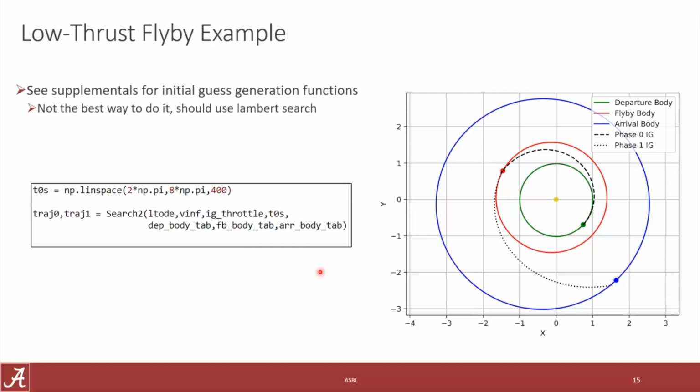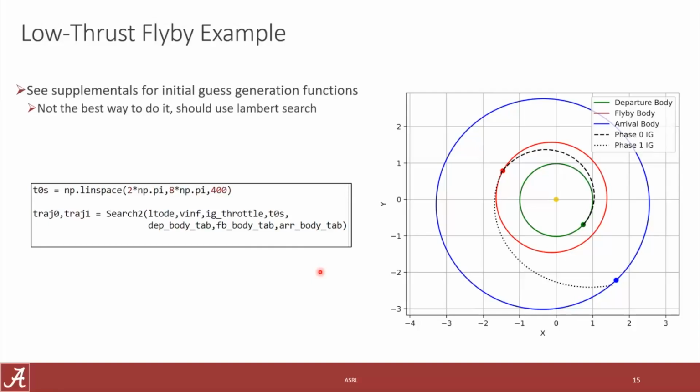There are better ways to do that, but it was just another example of using integrators. It just gets us something close so that we're in the convergence radius of the optimizer. And we'll see those constraints here in a second.